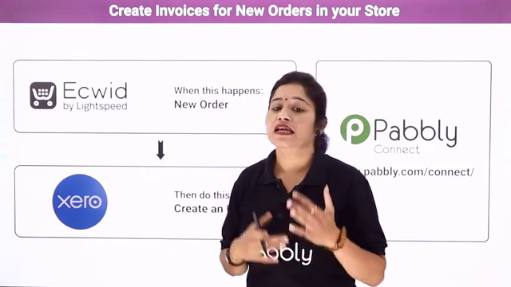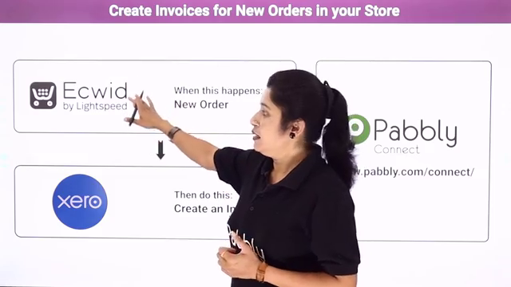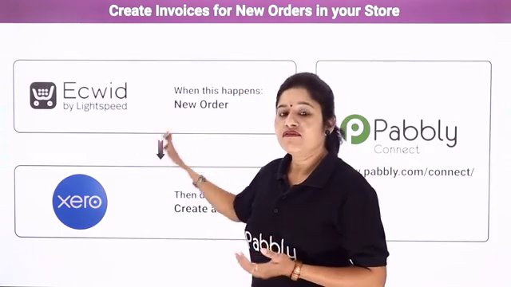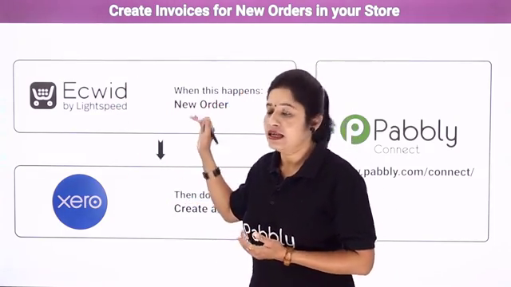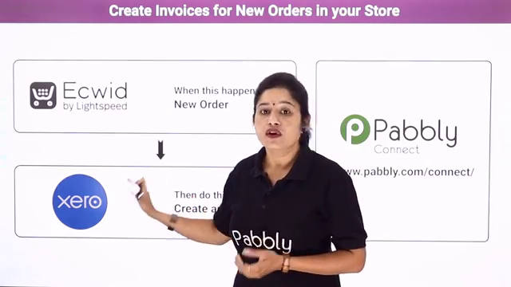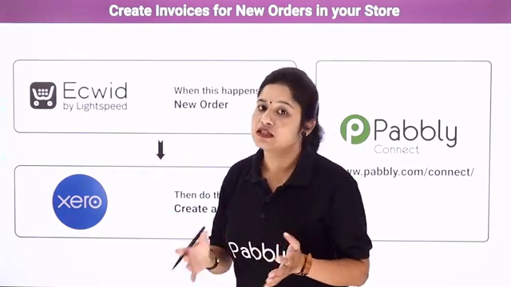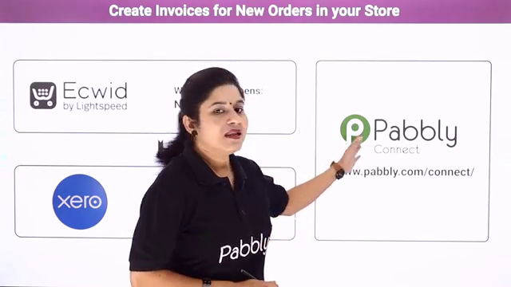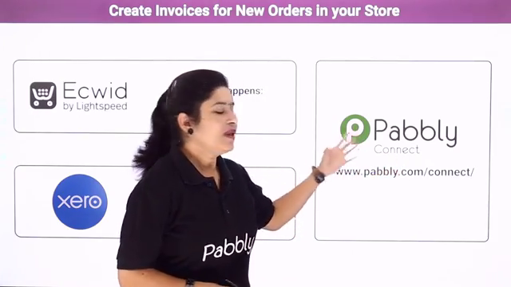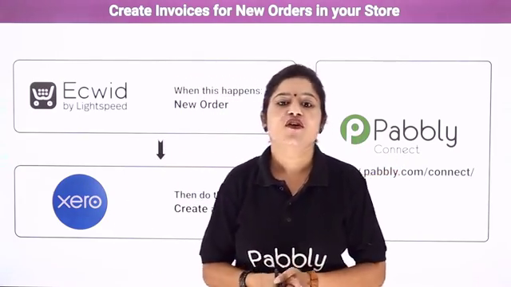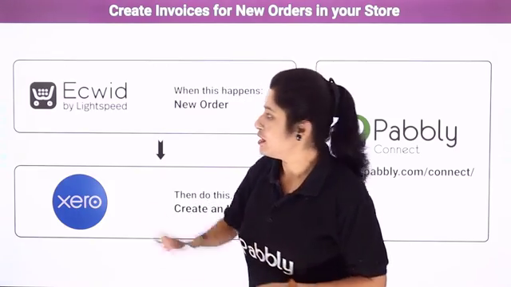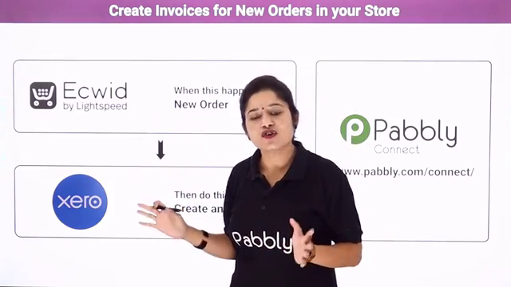For this, we need to create a connection between Ecwid and Xero, so that whenever the order is received, automatically an invoice is generated. So in order to create a connection, we are going to use a software application named Pabbly Connect. Basically, Pabbly Connect is an automation and integration software which will help us in integrating both these software applications automatically.